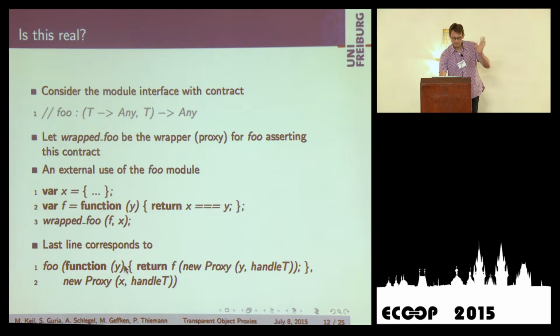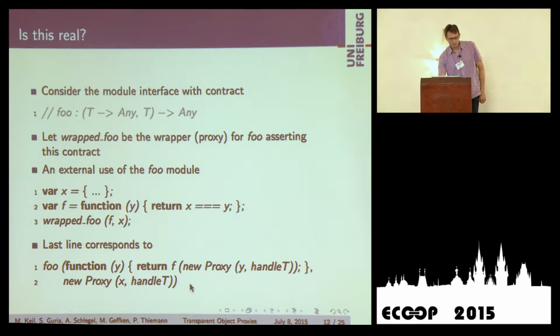You could say a proxy, and you could implement it that way, but maybe this is easier. It takes the actual argument, and then it calls f with the contract for T applied to the argument y. That's the standard Findler-Felleisen implementation of this T to any contract. I'm dropping off the return value part because it's any, and it simplifies the code.